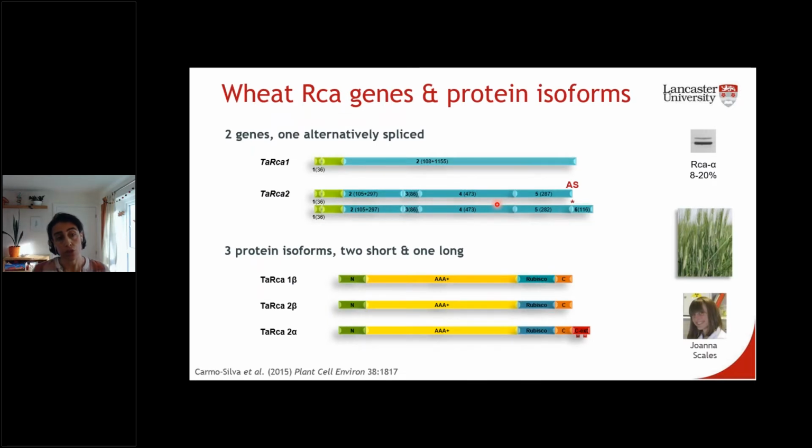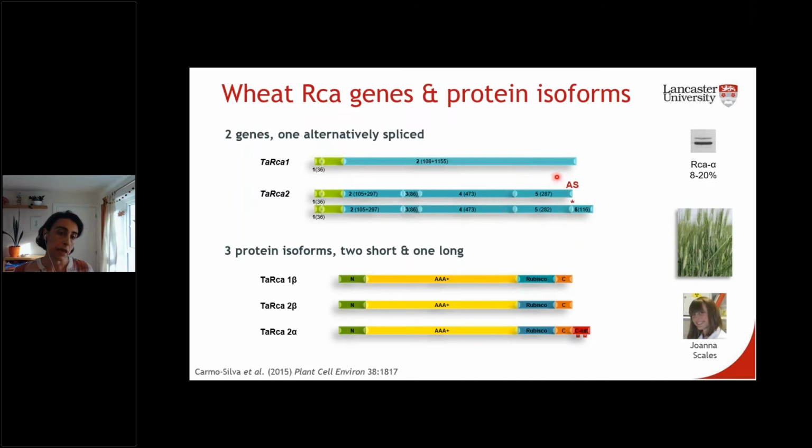Now, in order to understand Rubisco activase diversity, what we started by doing, and this was work led by Joanna Scales when she was a PhD student in the lab, was to characterize what genes are present and what proteins. So in wheat, we have two genes of Rubisco activase, and one of these genes is alternatively spliced.